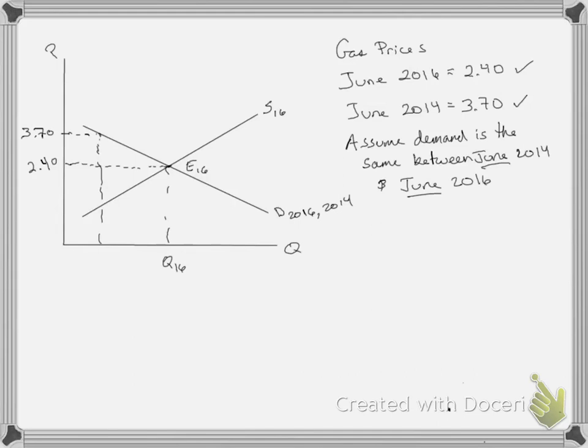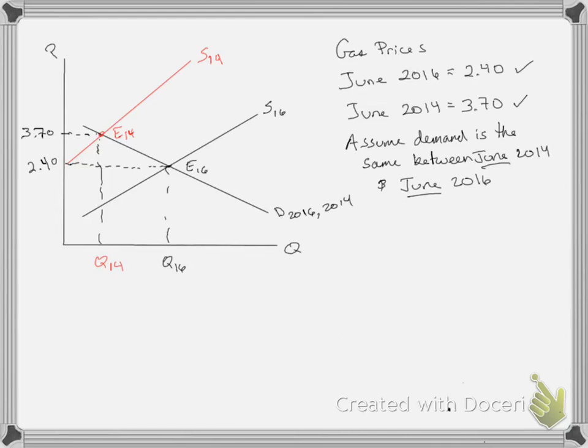So that must mean that the supply curve had to intersect $3.70 along that original demand curve. So supply then in 2014 had to have been right there. We'd have to have an equilibrium in 2014 right there, and a quantity right there.